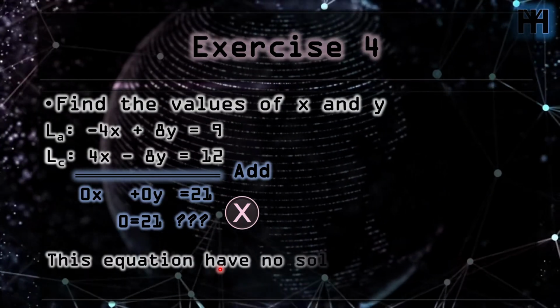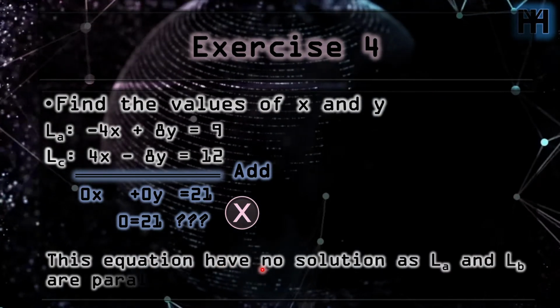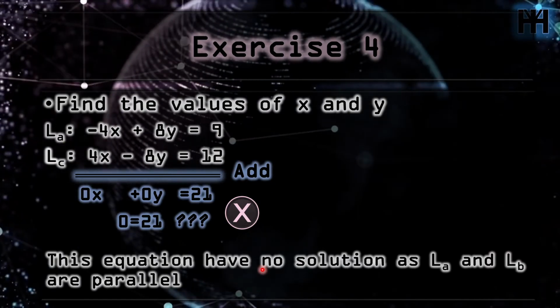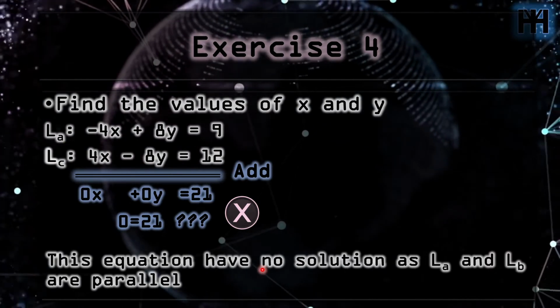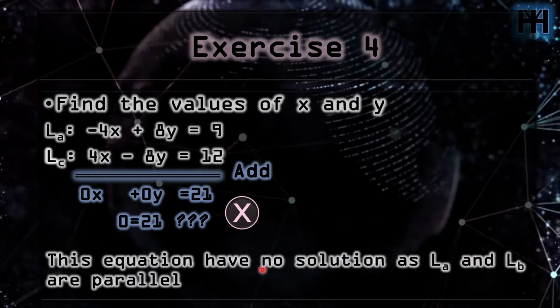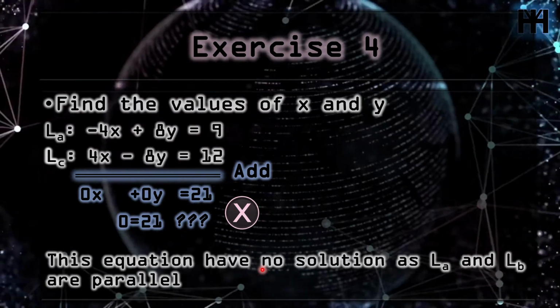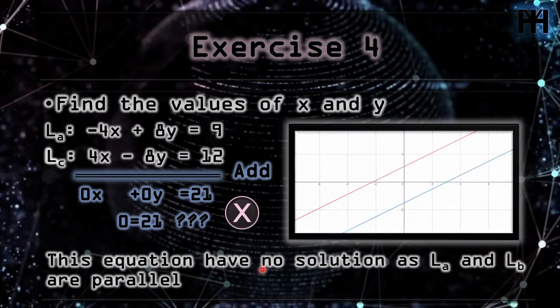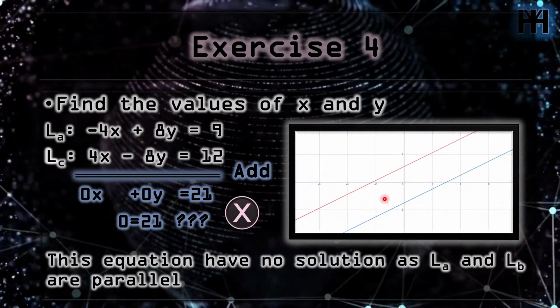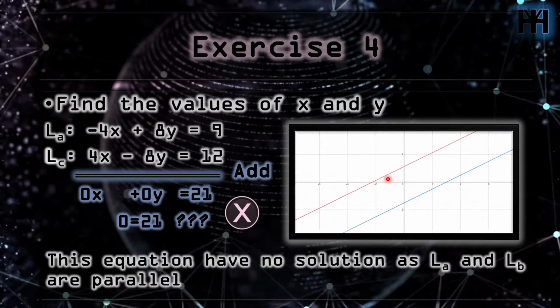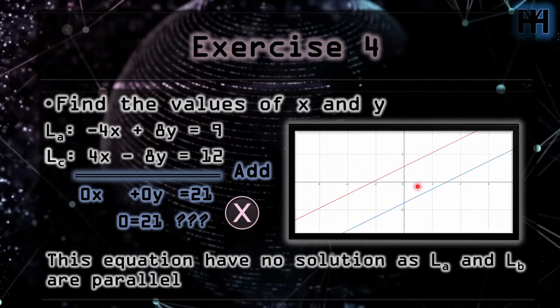Okay, this system has no solution as LA and LB are parallel. Remember the previous session? I said that if LA and LB have no solution, then they are parallel. They won't intersect at any point. You see here, the two lines can't intersect because they are parallel to each other.